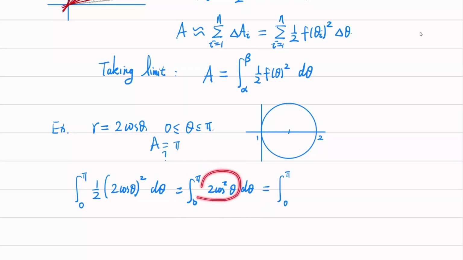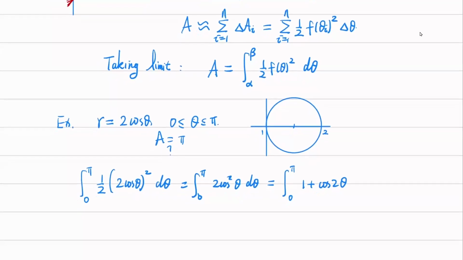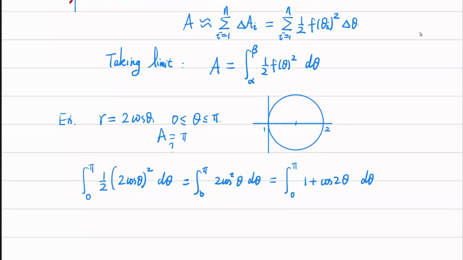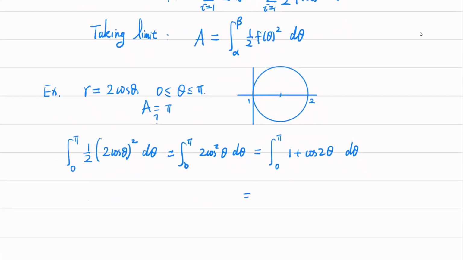If we apply the double angle formula, what does this give us? It gives you 1 plus cosine 2 theta. Then we integrate. This will be theta plus 1/2 sine 2 theta, from 0 to pi. So pi, sine is going to be 0, minus 0 plus 0, is pi.